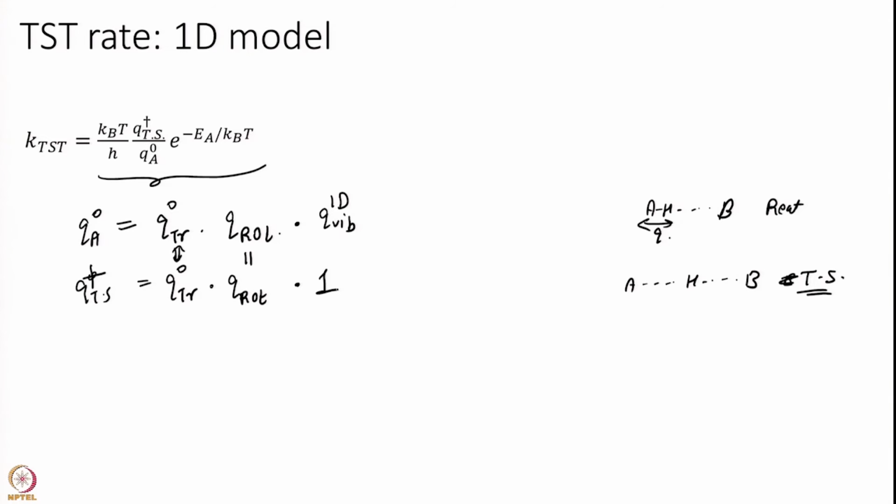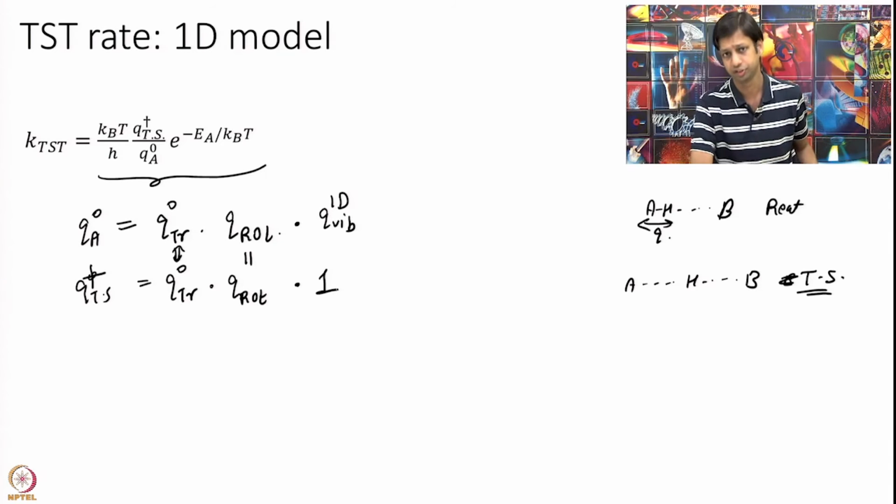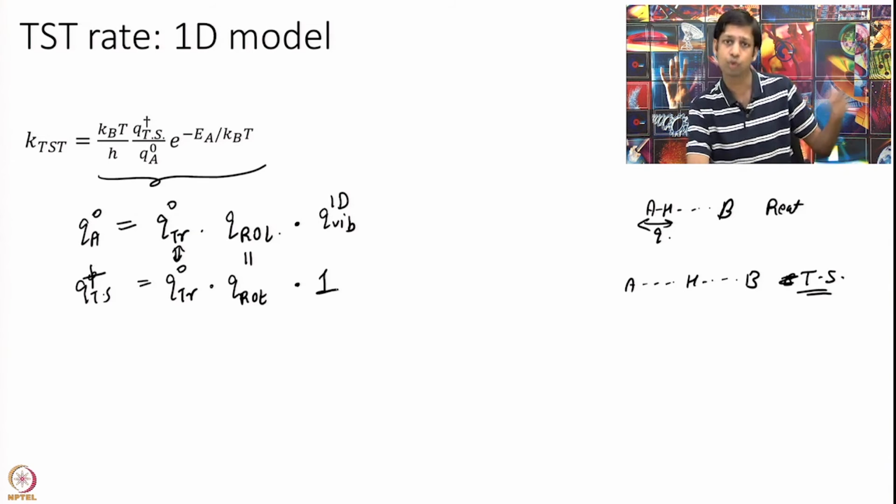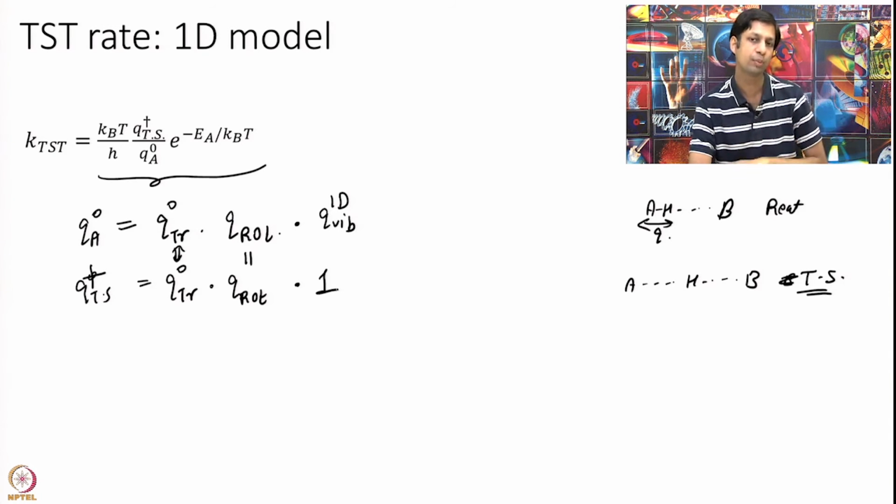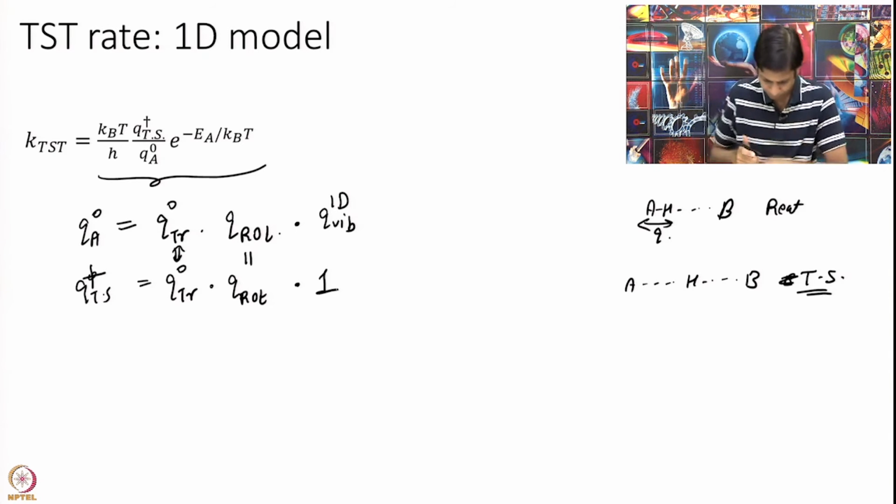So, that one vibrational coordinate that was there is my reaction coordinate, and so there is no vibrational component to the transition state. Remember that the transition state always has one vibration less compared to the total number of vibrations. I am considering only one vibration here, so the total number of vibrations becomes 0.